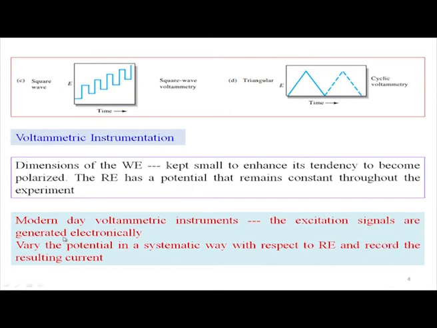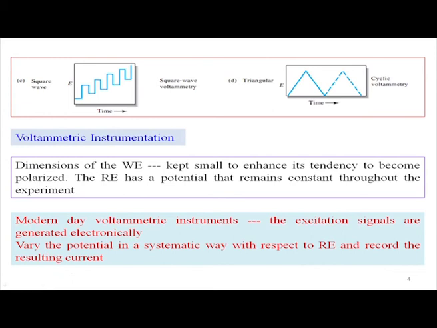In the most recent voltammetric instrumentations, the excitation signals are generated electronically, and definitely these are all computer controlled. These computer controlled and electronically generated waveforms give rise to the corresponding measurements. What we do is that we vary the potential in a systematic way, and with respect to the reference electrode we record the resulting current.